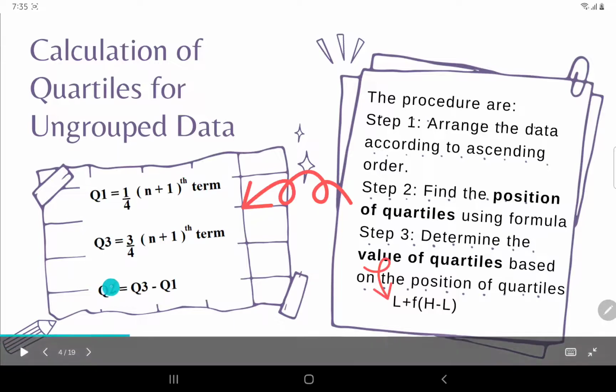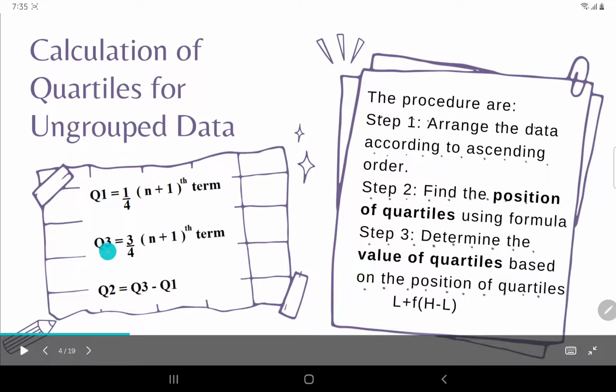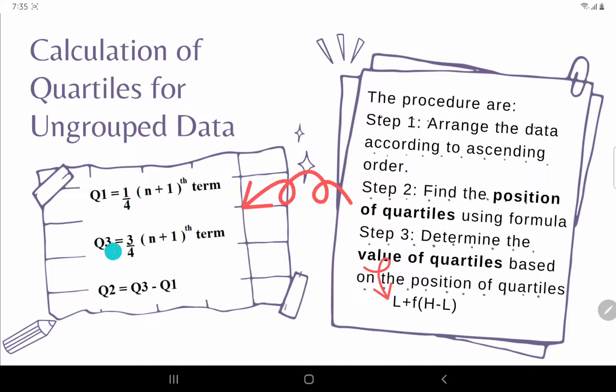Q3 is 75%, meaning 3/4, so 3/4 multiplied by n plus 1. This is how we find the position of Q1 and Q3.